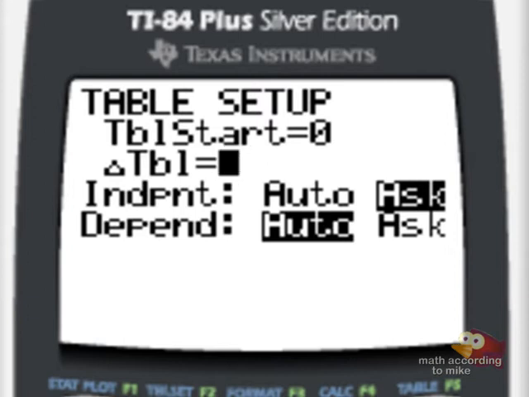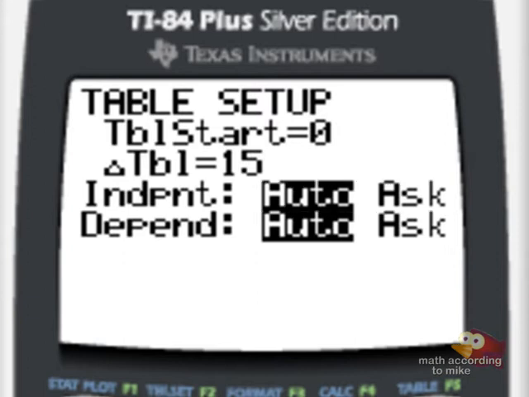Your delta table is what we're adding to get to the next one. So what do we keep adding? How many degrees? 15. Since we want the calculator to automatically make the table for us, make sure independent and dependent are both on auto.